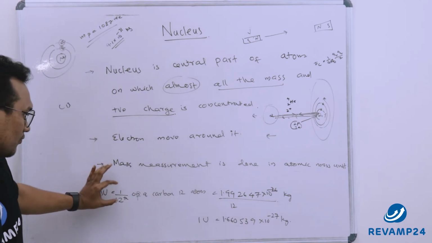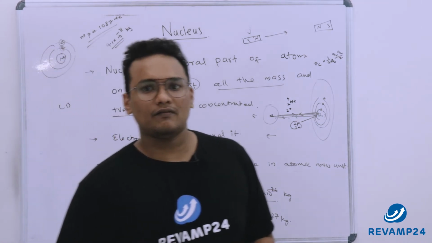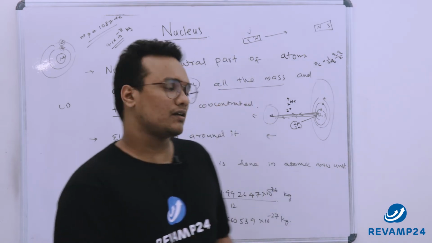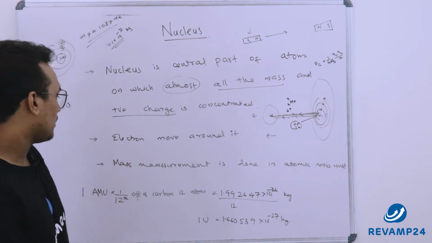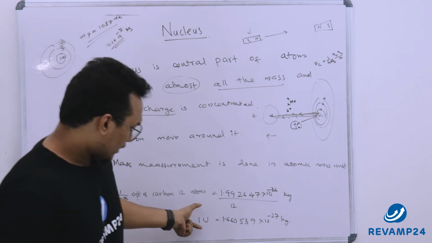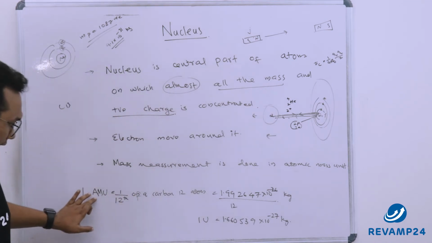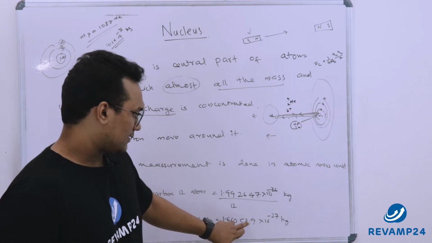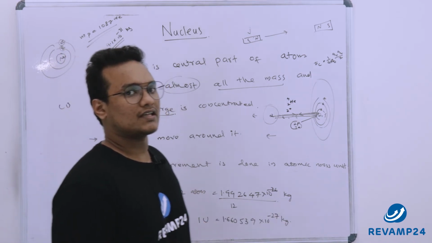So 1/12 of a carbon 12 atom is simply the mass of a hydrogen atom, H1. Both are the same, but instead of defining it for hydrogen, we are doing it for the carbon 12 atom. So one atomic mass unit can be taken as one AMU or one U. Both are the same. One U is equal to 1.66 into 10 power minus 27 kilogram.